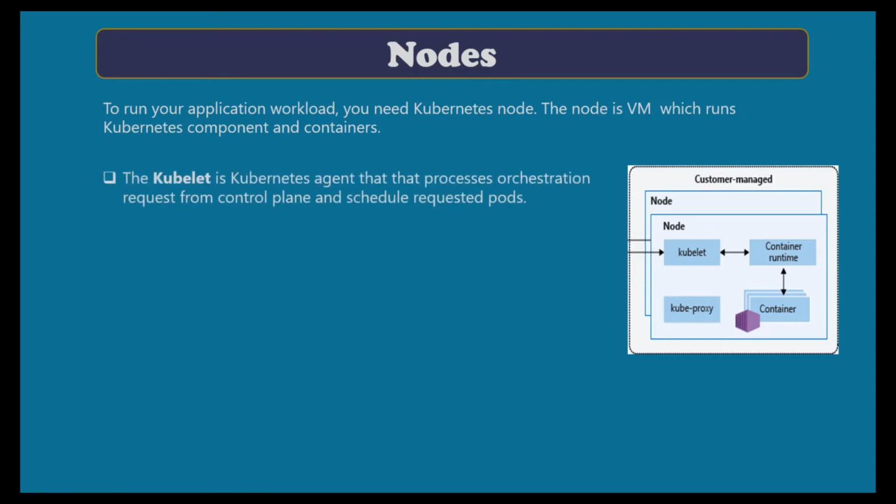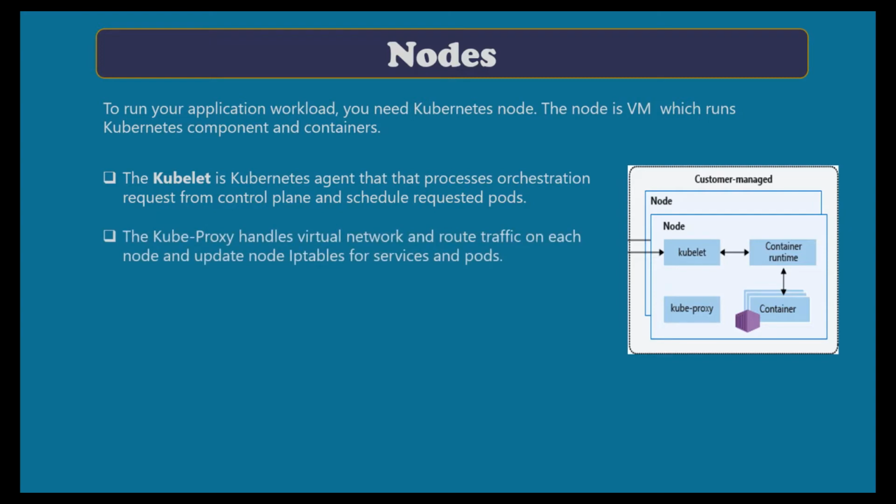The kubelet is a Kubernetes agent that processes orchestration requests from your control plane and schedules requested pods. That means it accepts requests from the scheduler manager on the control plane. The kube proxy handles virtual networks and routes traffic on each node and updates node IP tables for services and pods.